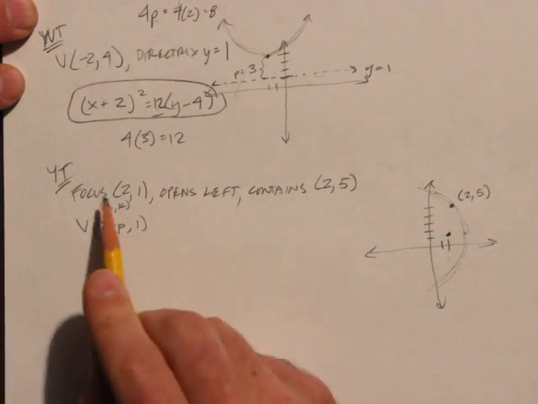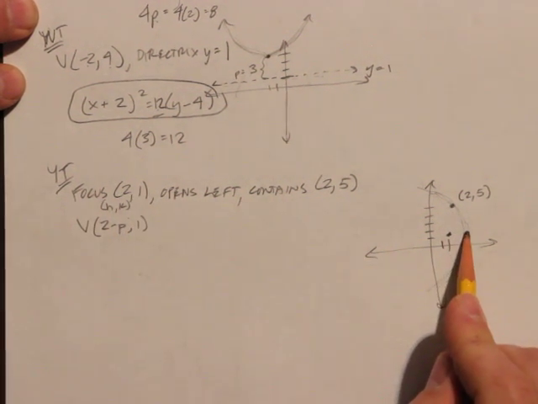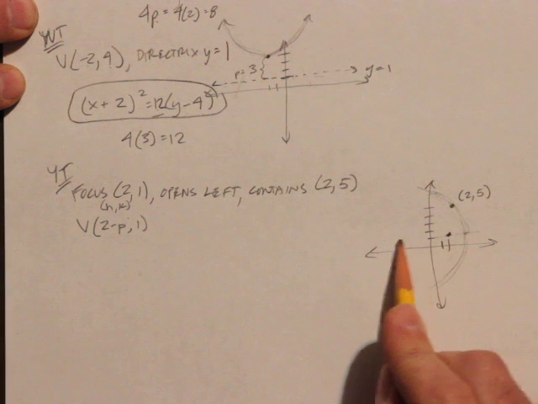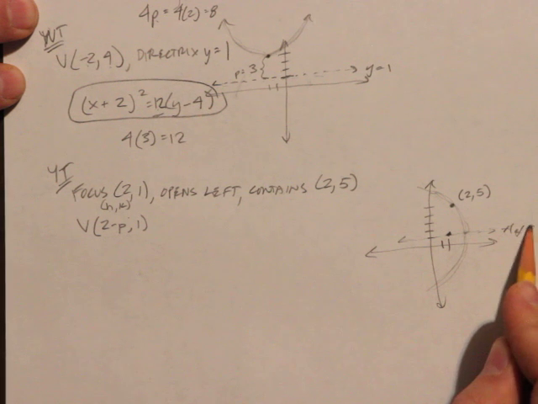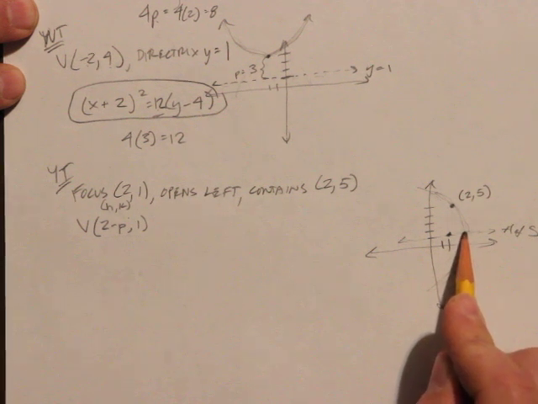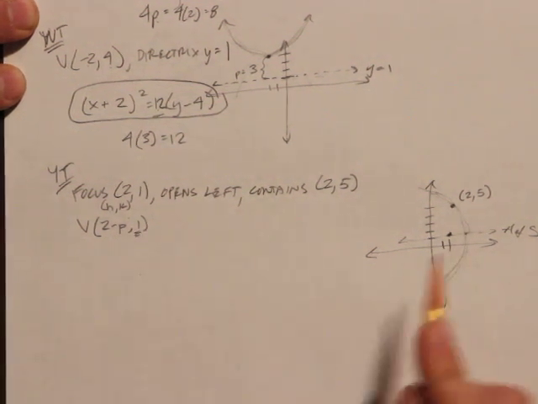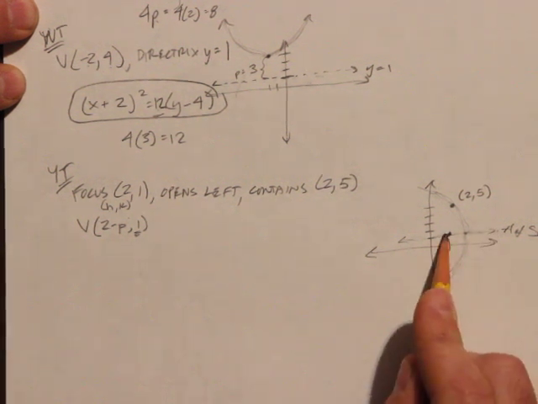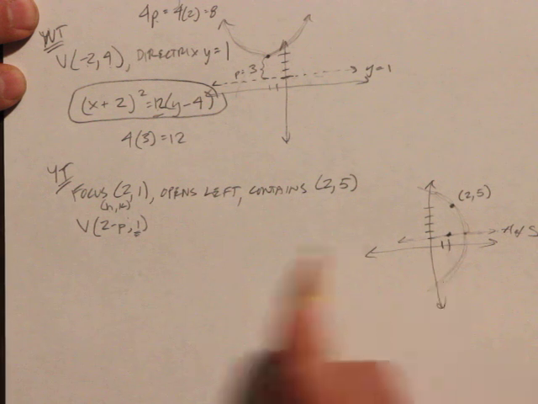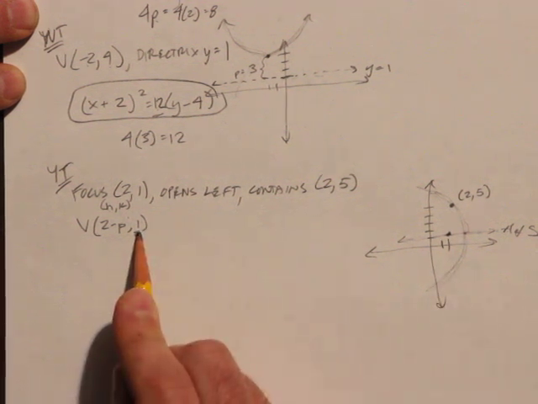How do I know that? Here's my axis of symmetry. So I know that 1 is going to be the y value of my vertex, because that goes along the axis of symmetry, the focus and the vertex. So my y value is going to be 1.